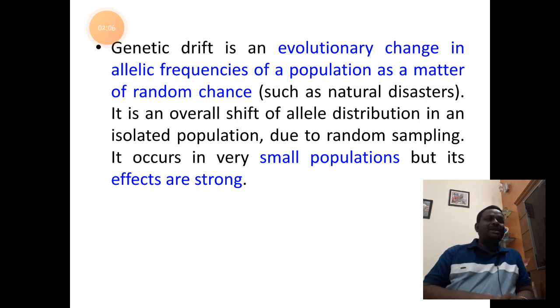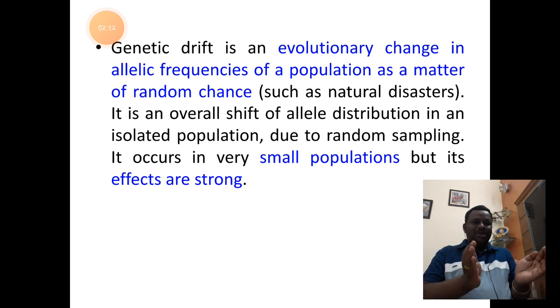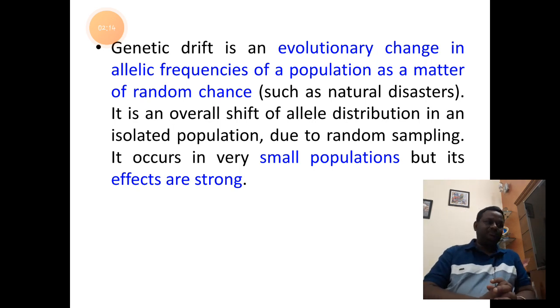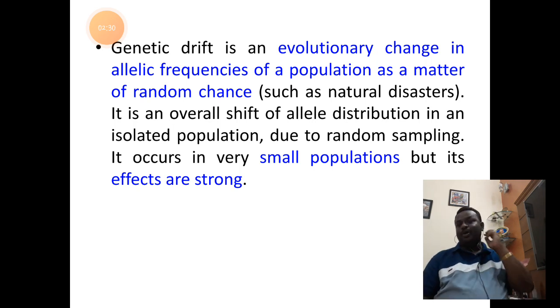The primary condition required here for genetic drift is that the population should be smaller. The effects will be very strong. In genetic drift, there is overall shifting of allele distribution in a separated small population.